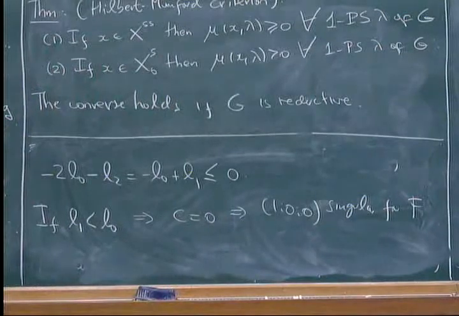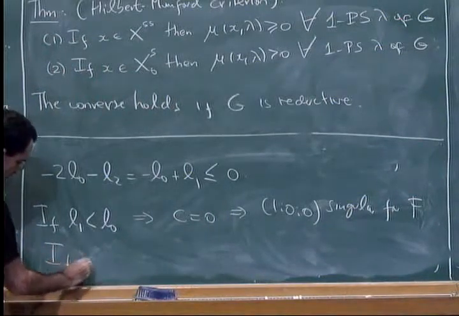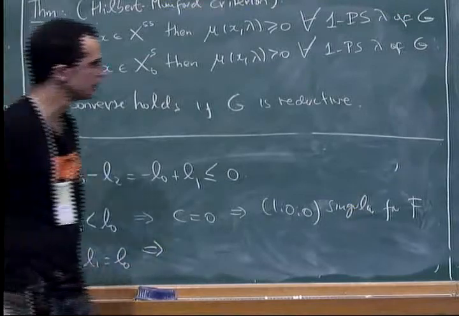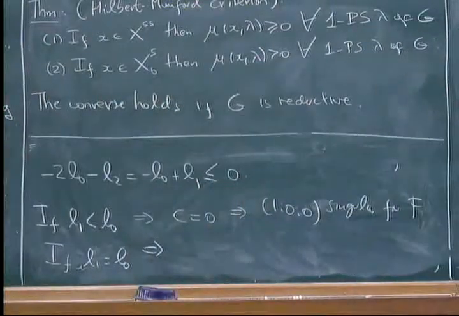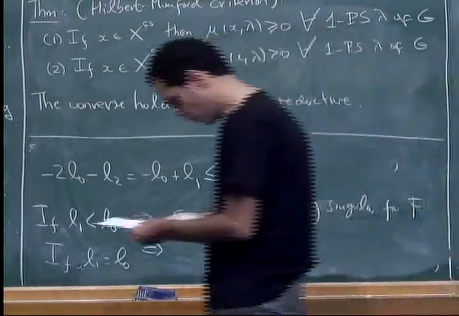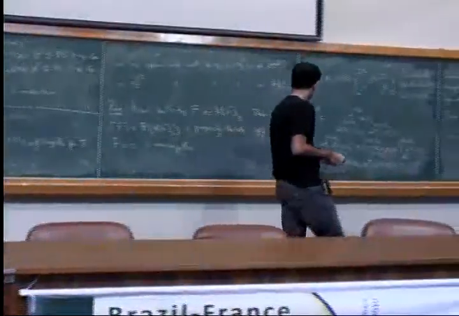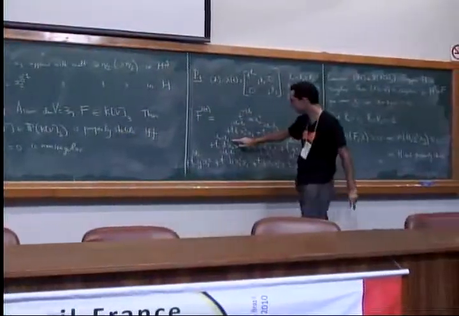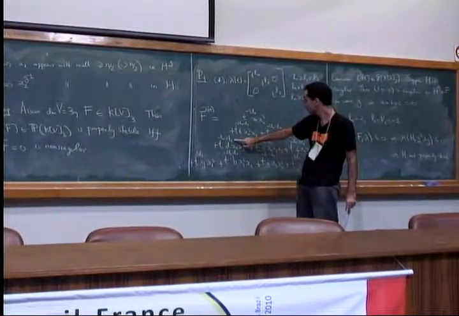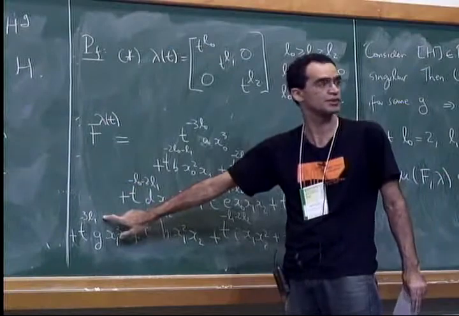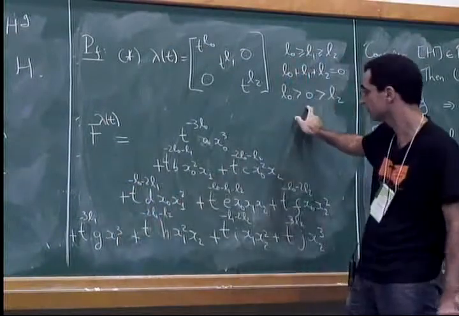Right? Now, if you have equality, then let's see what happens. So L naught is equal to L1. So you see that here we have minus 3 L naught, which is negative. And here we have also minus 3 L naught, which is negative. L naught is positive, right?